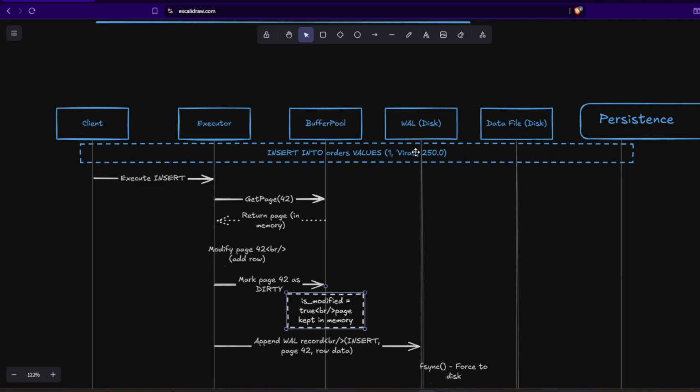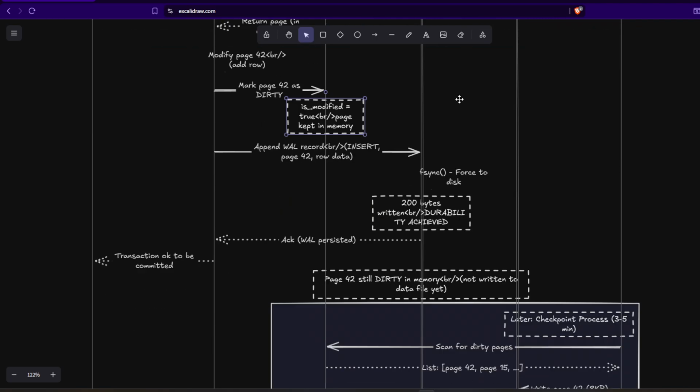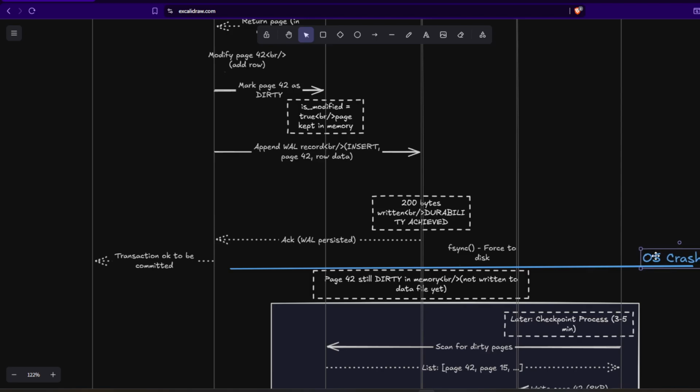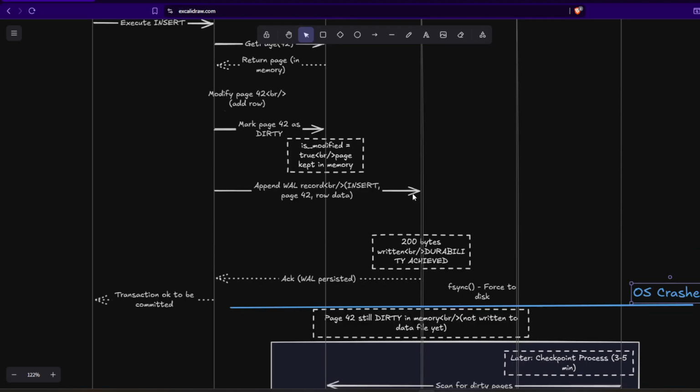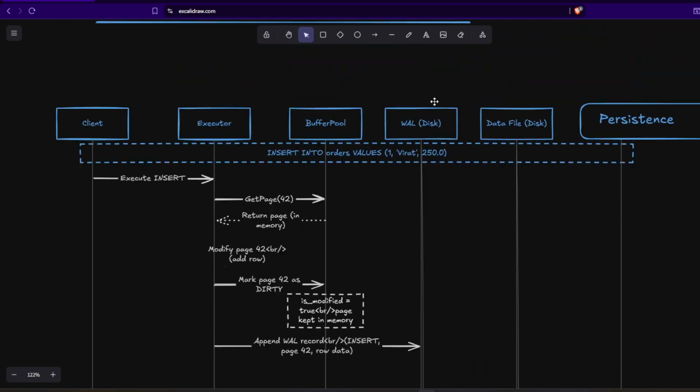Suppose in between these two steps, when we are firing up our actual fsync, our database crashes. Suppose the database or the OS which is holding it crashes. Next time when the operating system restarts, it will start reading from the WAL.